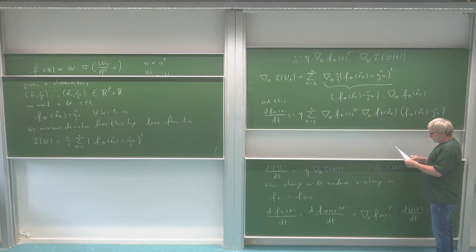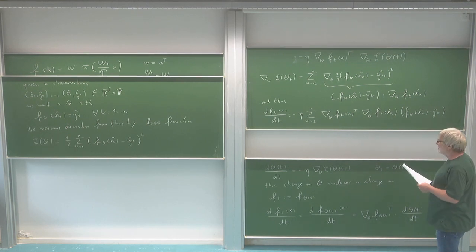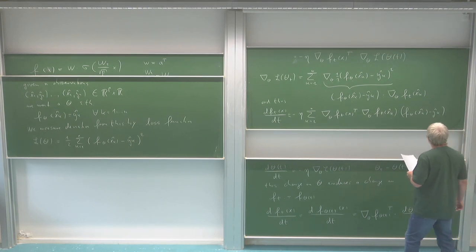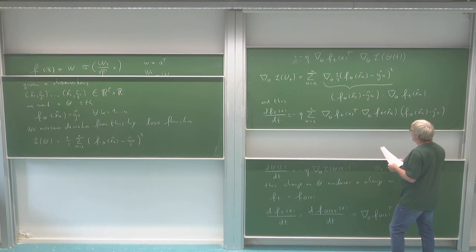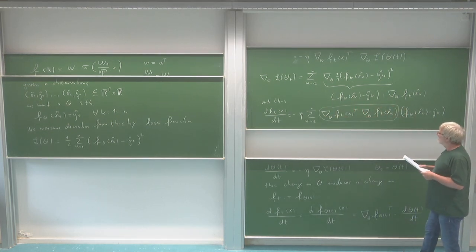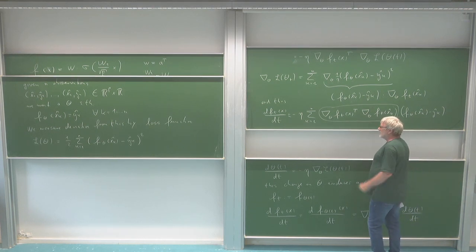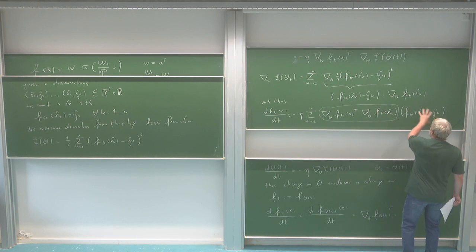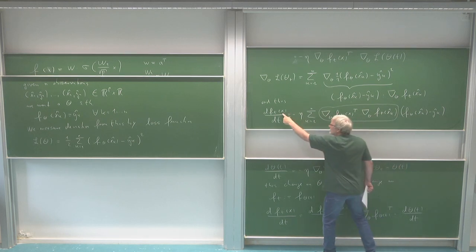Okay, and so now you see, what I have here essentially is a time evolution which is driven by this object here. And so what I have here is a kind of kernel. I'm applying this to this function here, and I'm summing over this variable here, and the output depends on this variable.